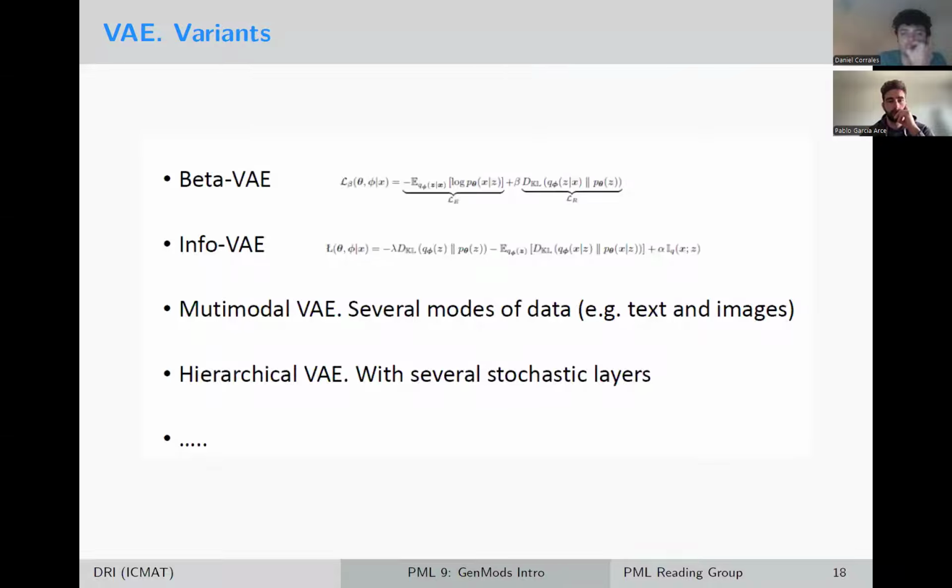The only image that I put was basically from images, but you can do VAEs for text, for data, etc., and you can get several modes of data, so you can combine in some domains images and text. For example, a robot which is capturing images and is also capturing language or speech, right?